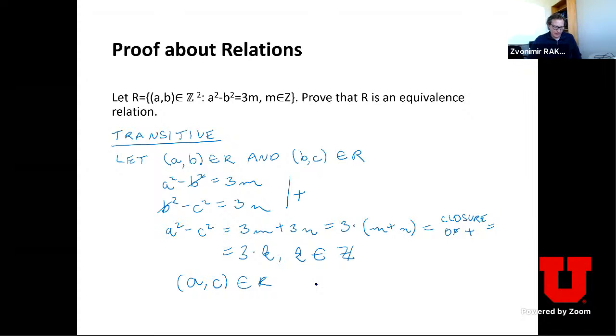And so we proved that it's transitive, reflexive, and symmetric, and that means that it's an equivalence relation.